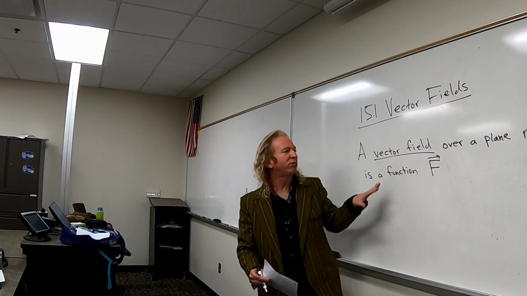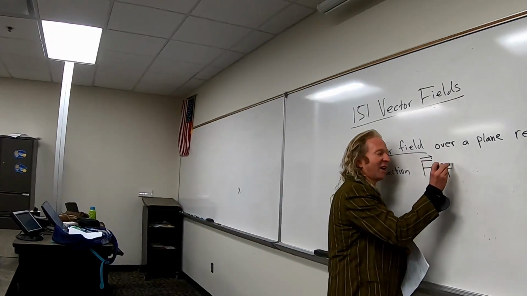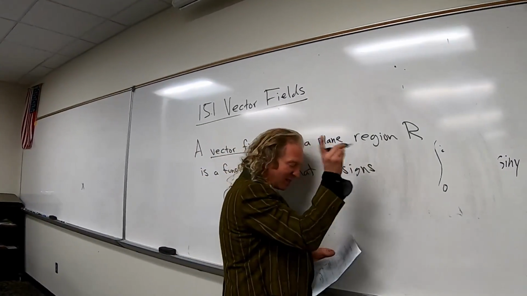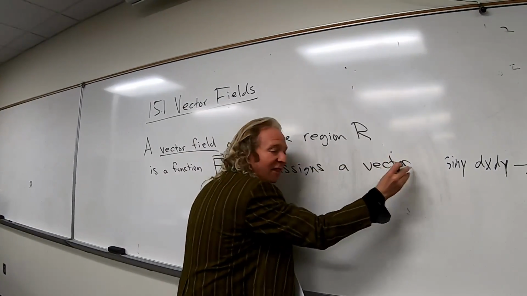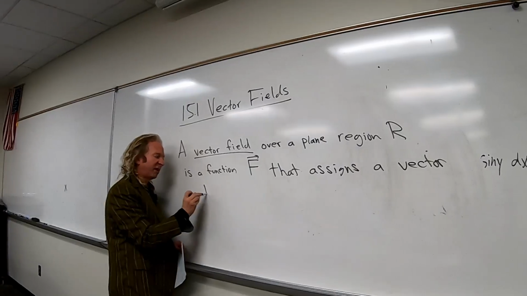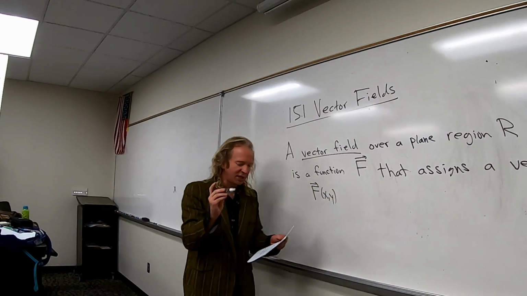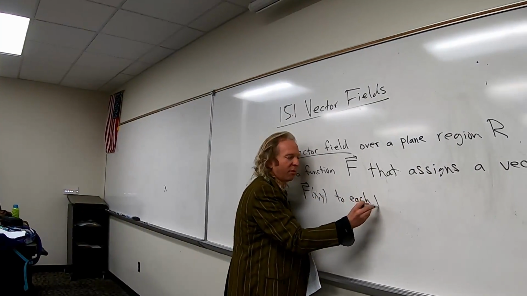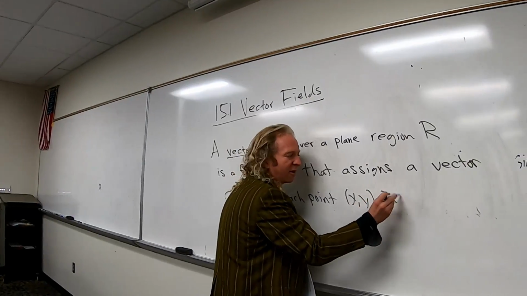So a vector field over a plane region R is a function F that assigns a vector, that vector we're going to call big F at x, y, to each point x, y in R.